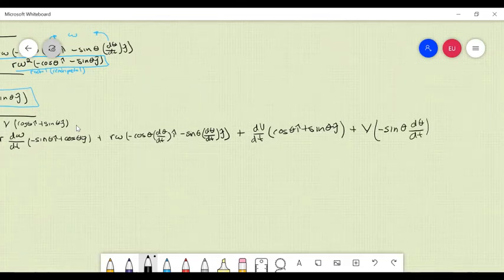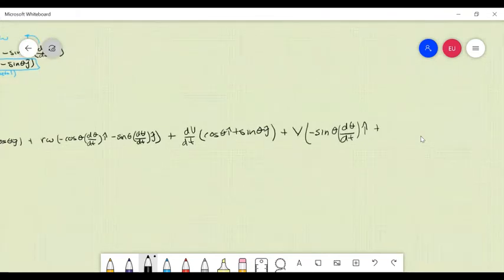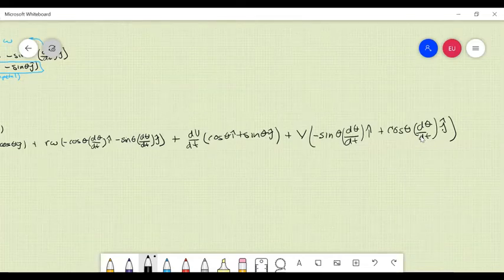You know, every time I derive the trigonometric function, because the angle is changing, I need to include the change of that with respect to time. And then I derive sine, which is going to be cosine. Okay. Let's simplify then.